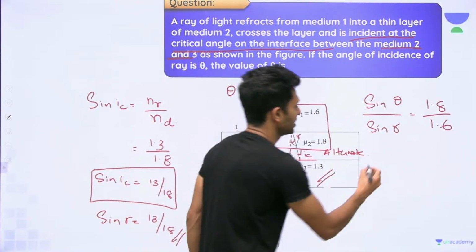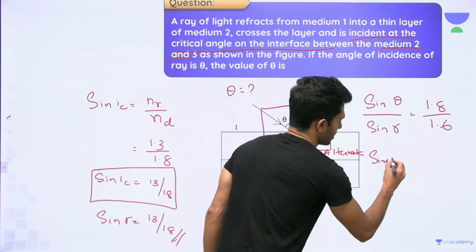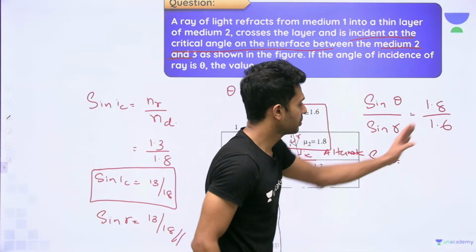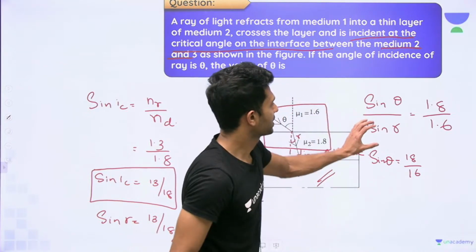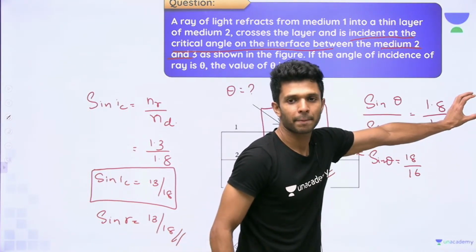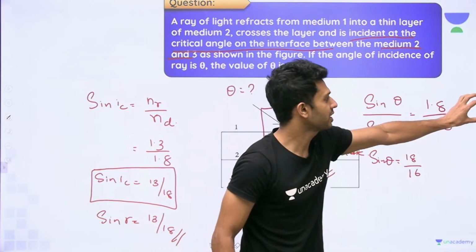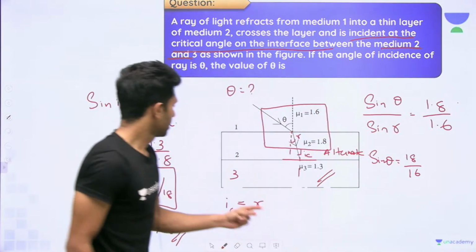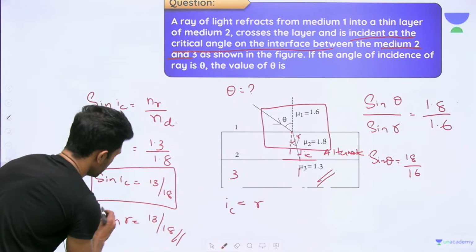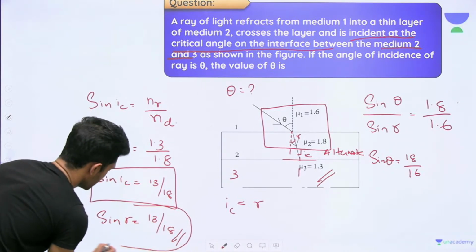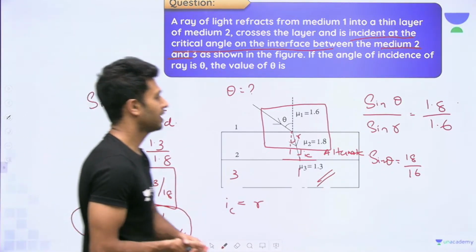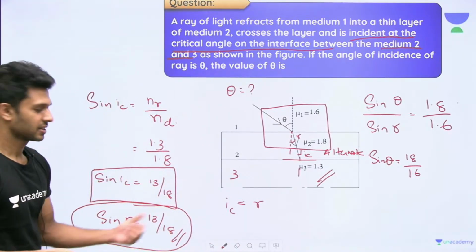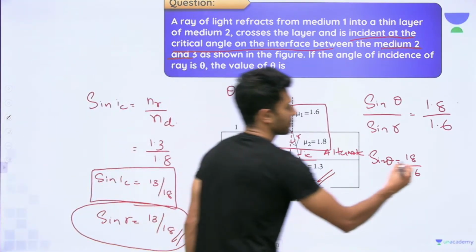Sin theta has to be found out. Sin theta is equal to 1.8 by 1.6, 18 by 16. Sin R will go up on the numerator of the right hand side. What is sin R? The value of sin R is 13/18. Substitute it.